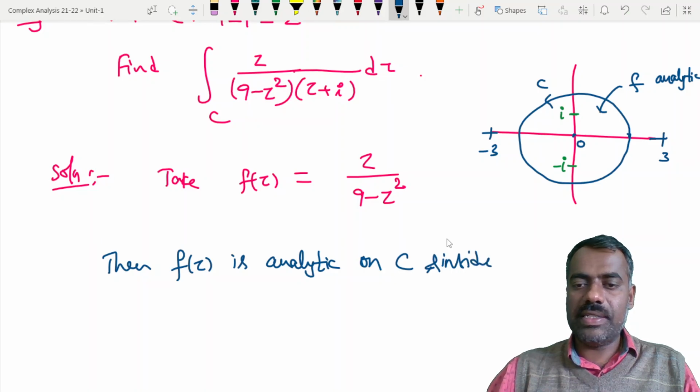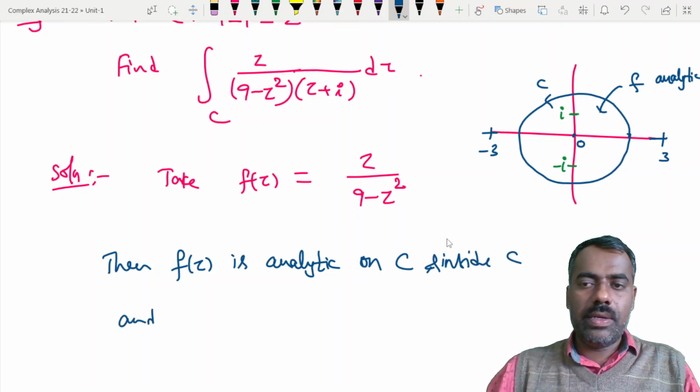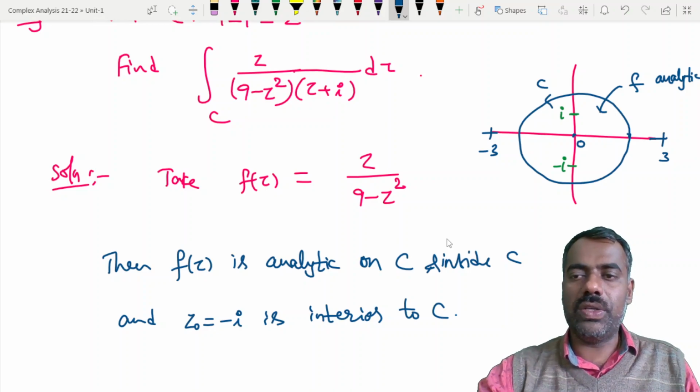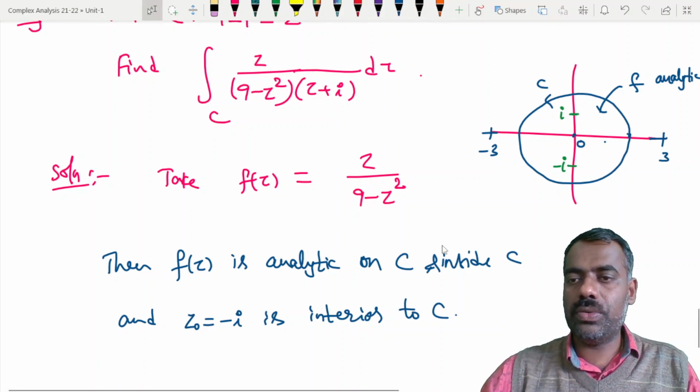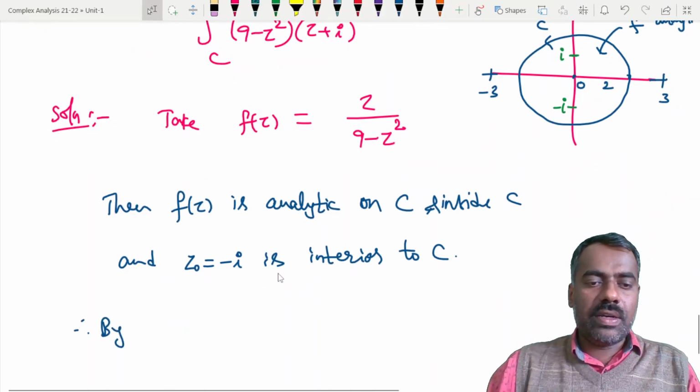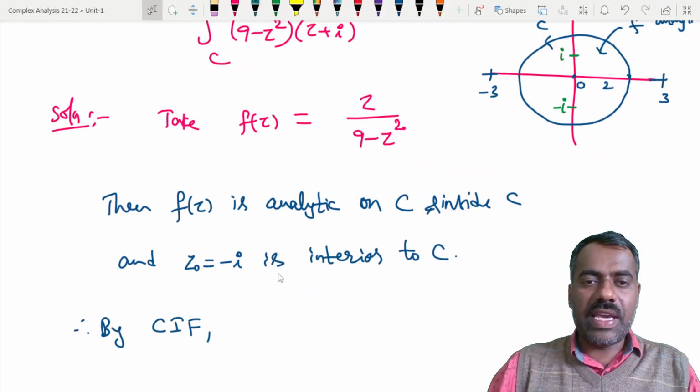And this z naught, which is equal to minus i, is interior to this C, which is mod z equal to 2. This is the radius, right?